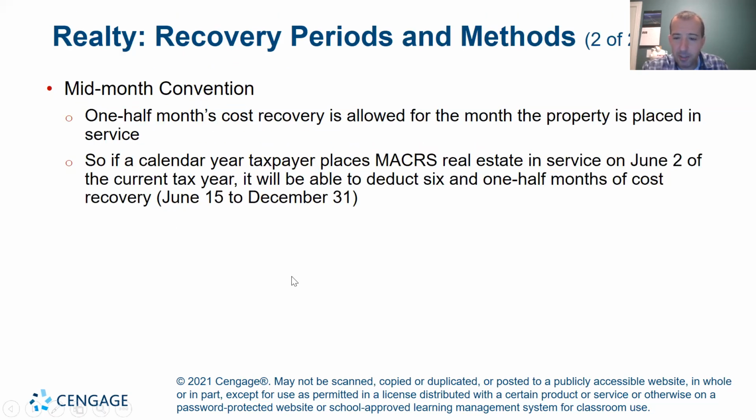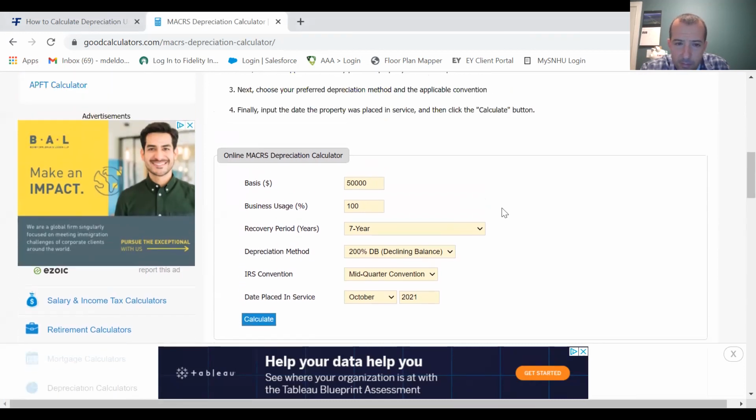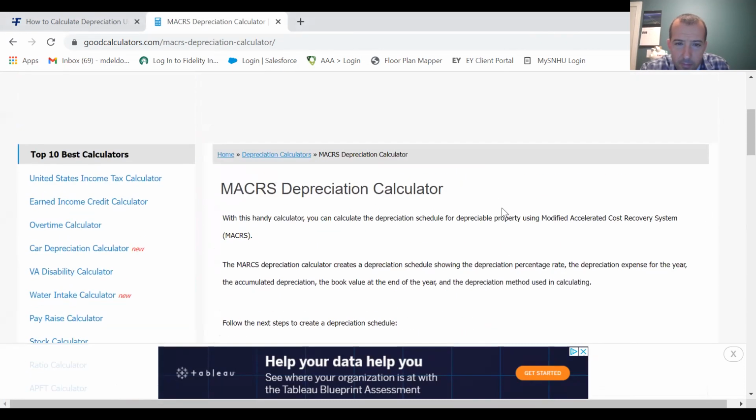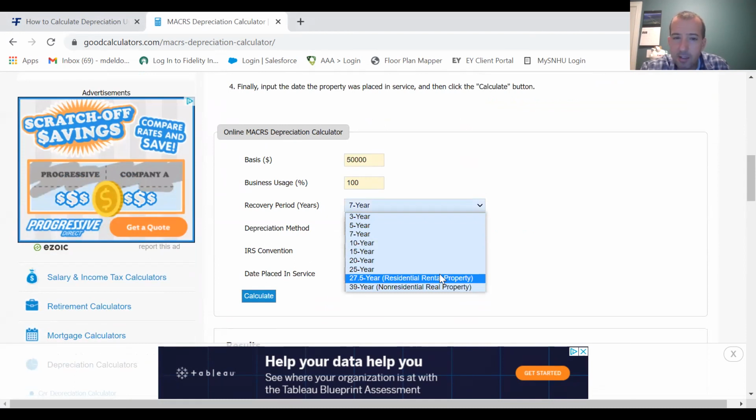What does that mean? It means if we go to the tax tables, using our same calculator, if I can find it, there it is. All right, so what happens if the basis, right here, so we could find the type of asset, whether it's realty or personal here.